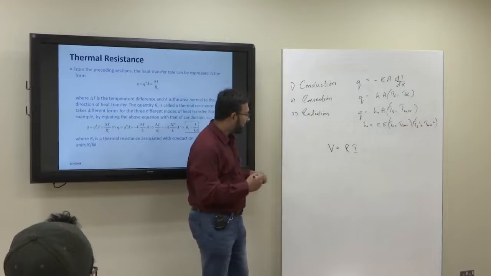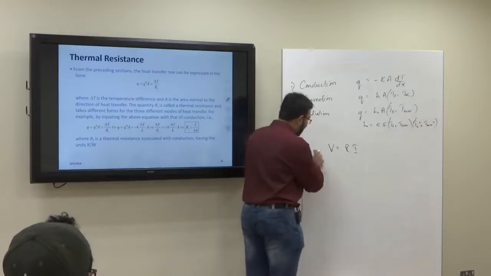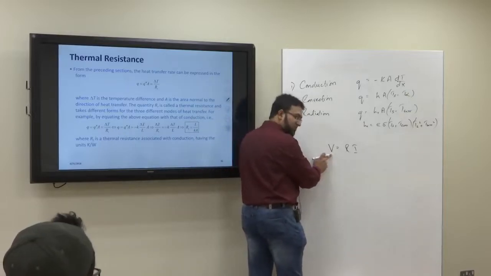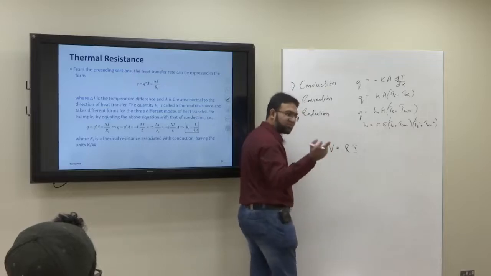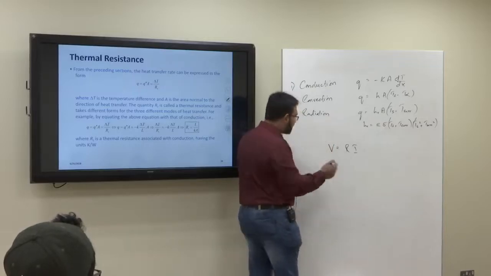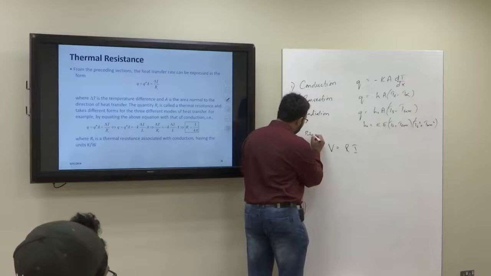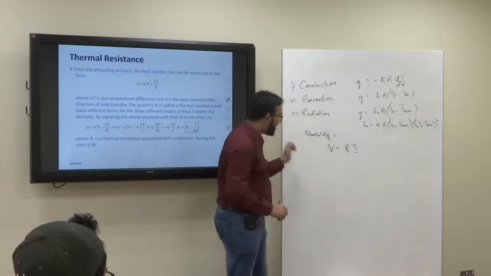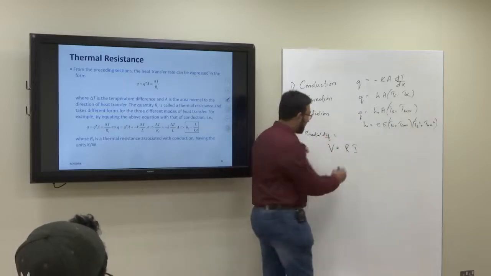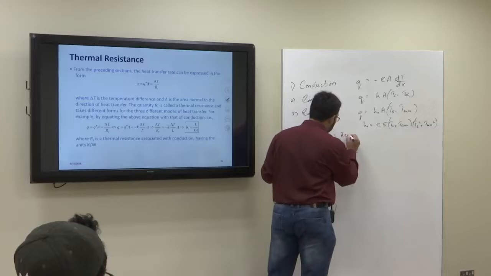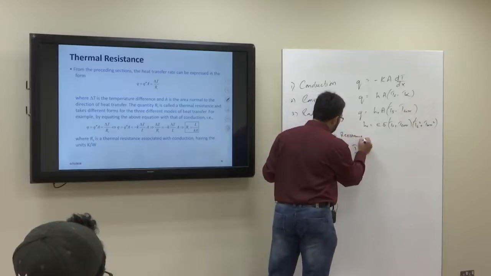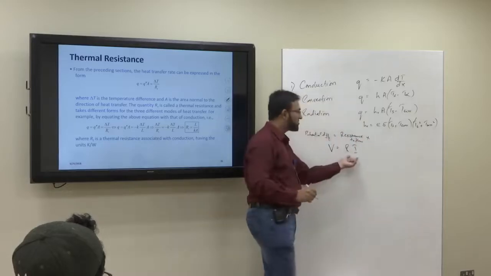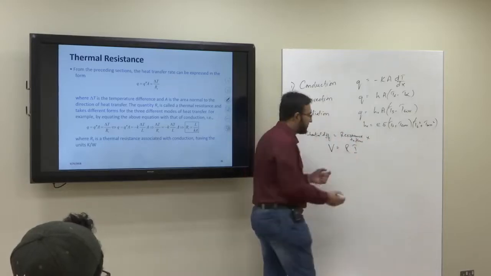So if I make it in the general form, V is the potential difference. In electrical systems it's voltage, but in reality it is the potential difference. So potential difference is equal to R, the resistance to flow, multiplied by I, which is basically the flow.